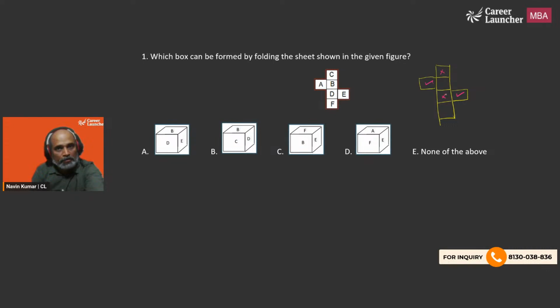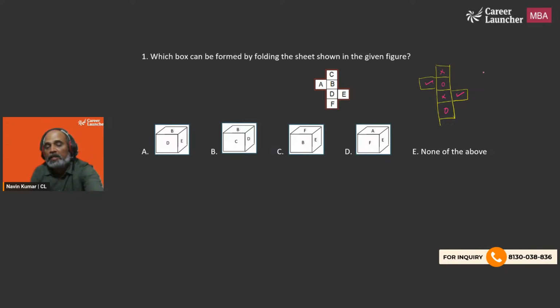These two are the opposite faces, and these two are the opposite faces. Okay, first rule. Second rule is you can never see the opposite faces at the same time. So if I take a photograph of the cube that is supposed to be formed from here, I will not be able to see A and D simultaneously. Similarly, I can't see C and D simultaneously, and I cannot see B and F simultaneously.